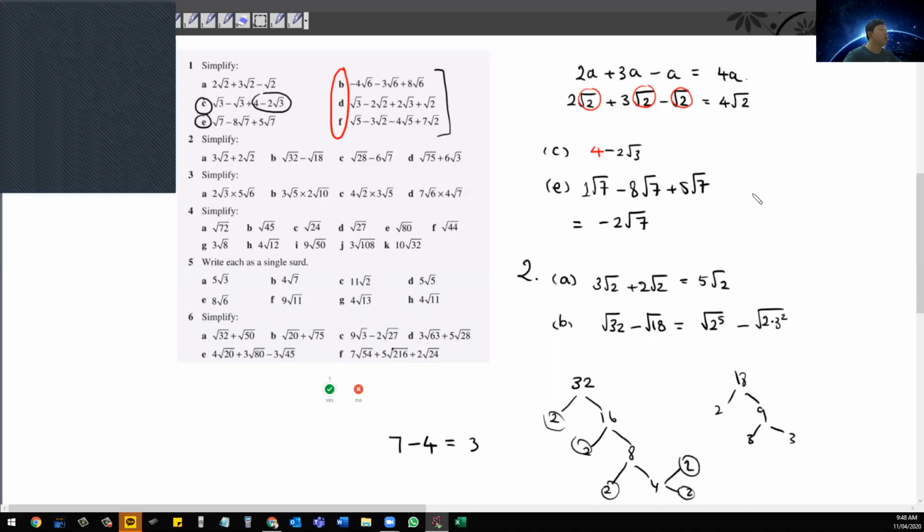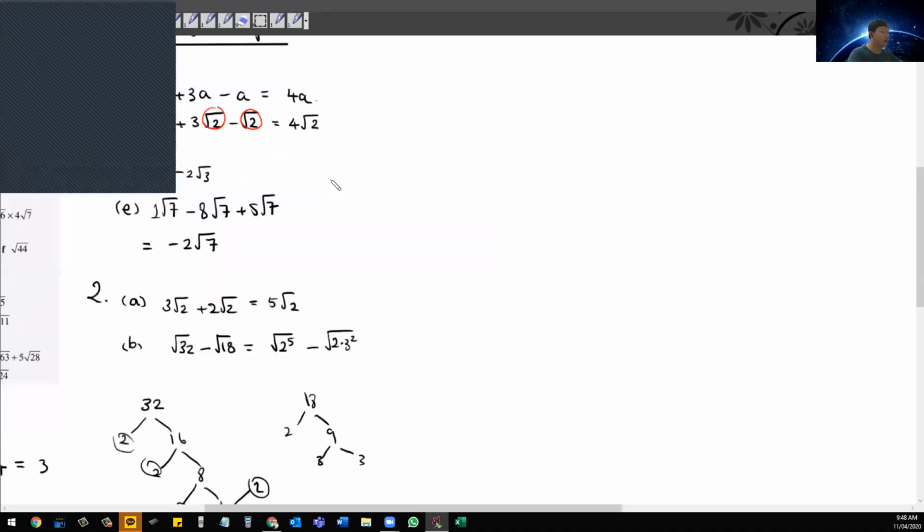Now, maybe you learned this already. If you have anything squared inside, if it's a squared b, this is a root b. Any square term can come out. I'm going to write it down here. So square term can come out as single.